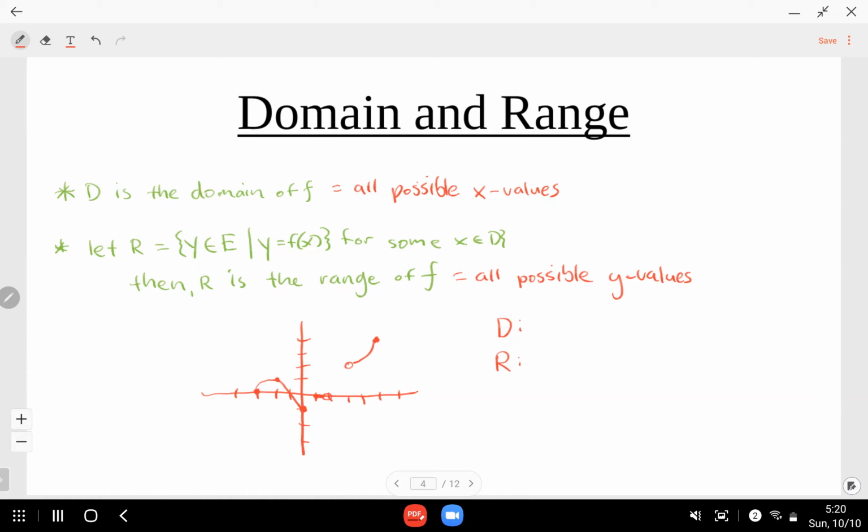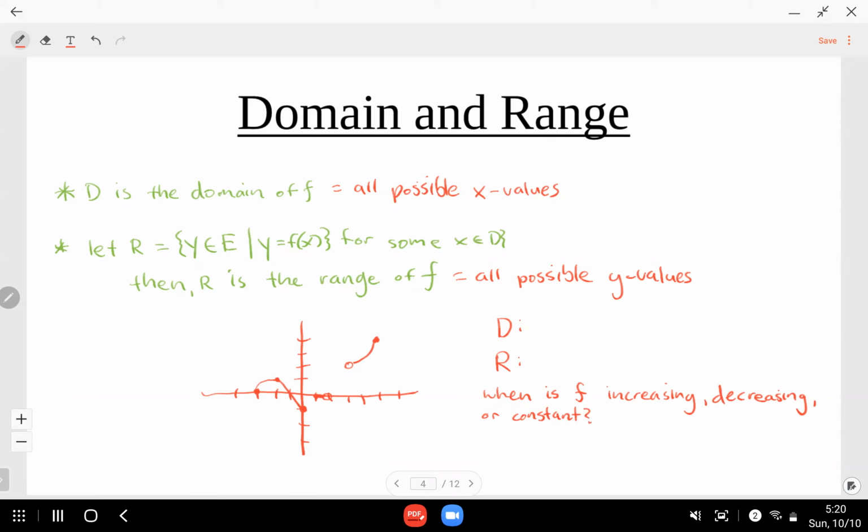I also want you to note when F is increasing, decreasing, or constant.